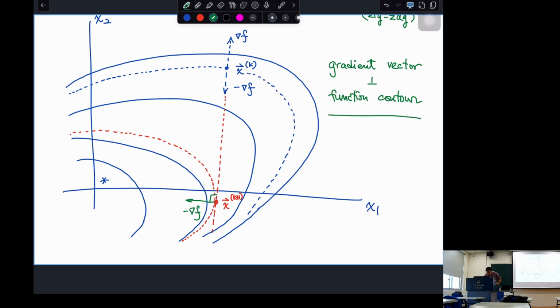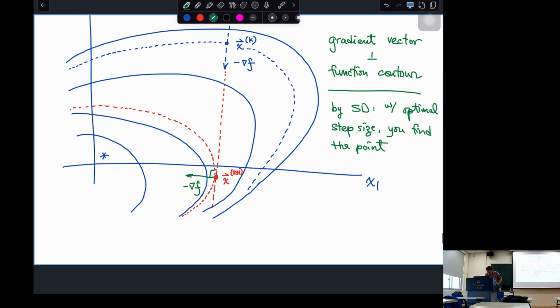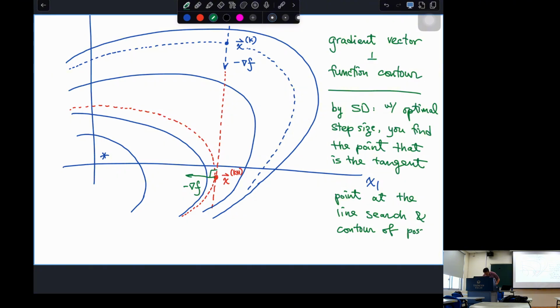And by steepest descent with optimal step size, you find the point that is the tangent point at the line search and contour of possible lowest level, right?